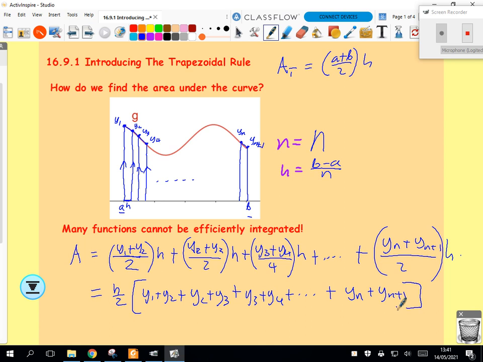And actually, all of these things are appearing twice. y4 will appear twice. y sub n will appear twice. The only ones that don't appear twice are the length of the first offset, and the length of the last offset.